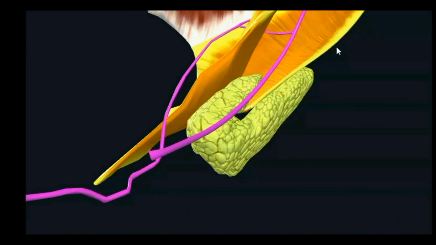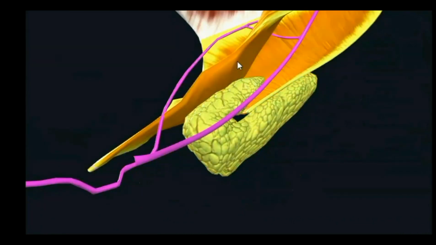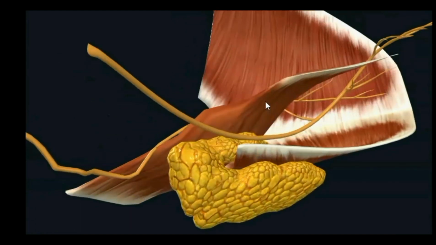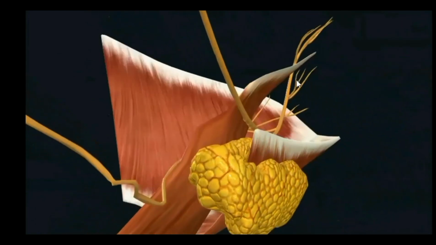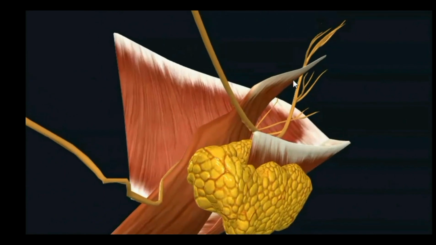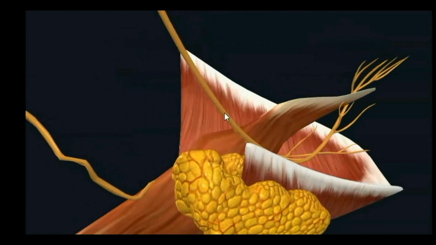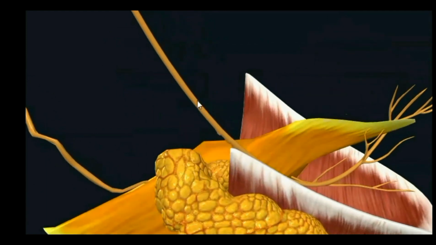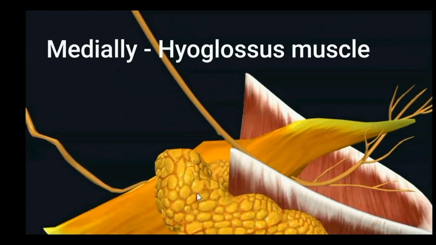So above lingual nerve, below hypoglossal nerve, medially hyoglossus, whereas laterally mylohyoid. So you can see here, it lies between the two nerves, above and below, and lies between two muscles, medially and laterally. So you can see, vertically it is between two nerves, horizontally between two muscles.